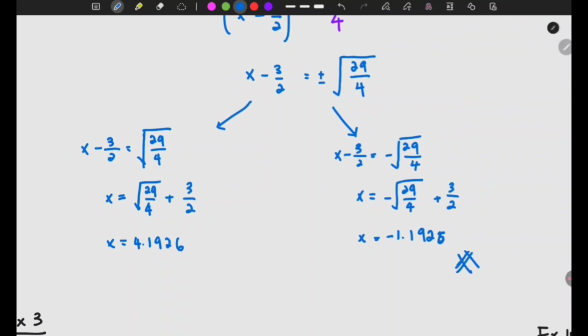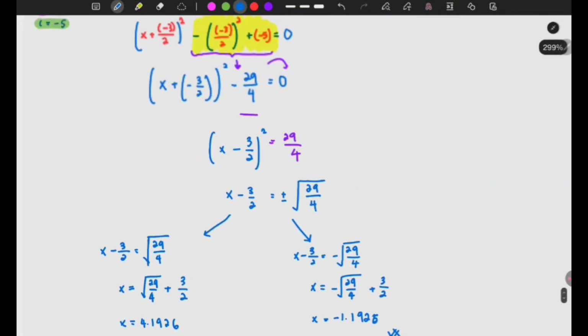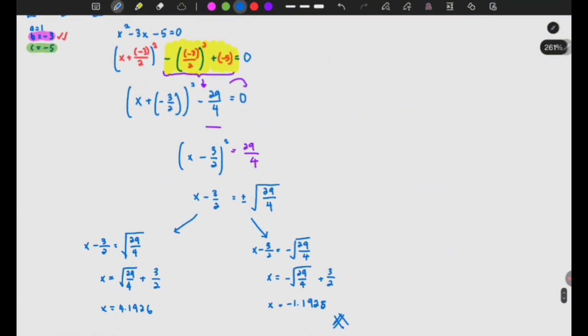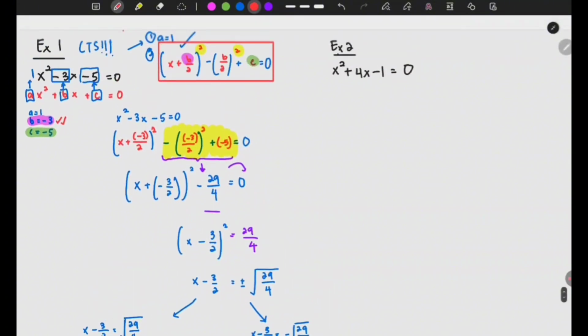So this is how you do completing the square. First thing, your a should be equal to 1, and then insert the formula that I gave you just now. Solve the behind part, which is this part. But the very first step, make sure your equation is in the general form. This is your general form, the standardized form.